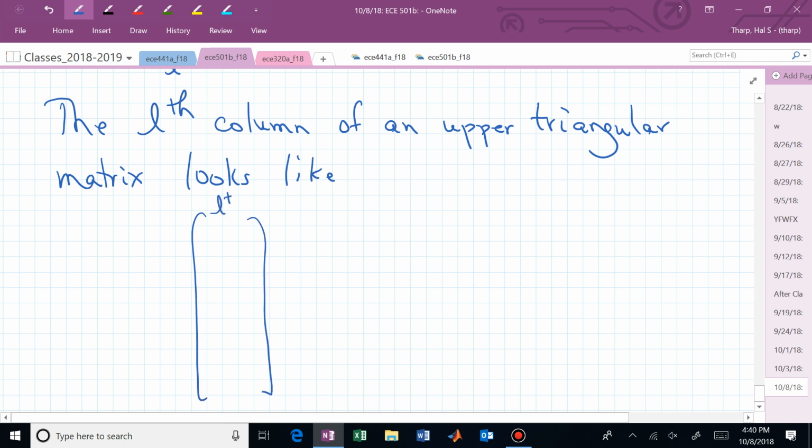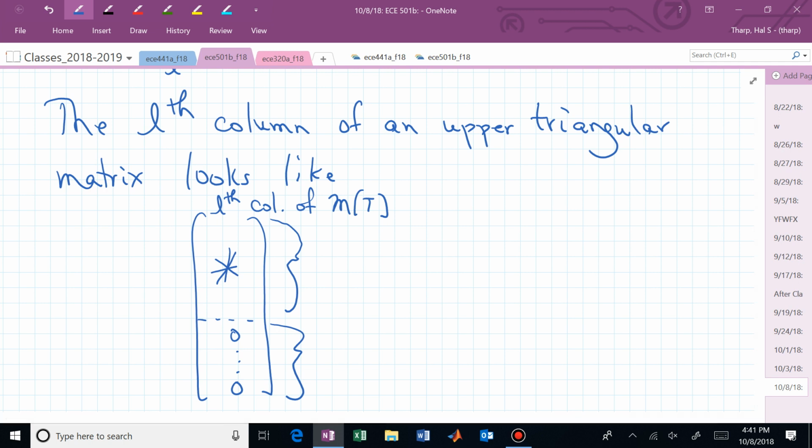This is the nth column of the matrix representation of T. Can we subdivide that or break it into two pieces if it's upper triangular? Now we know that everything below the diagonal is 0, don't we? So how many elements do we have here? We're not going to say what those are, but how many rows?